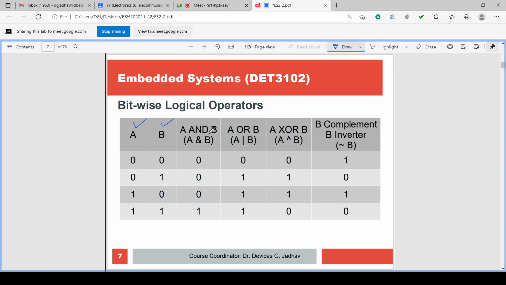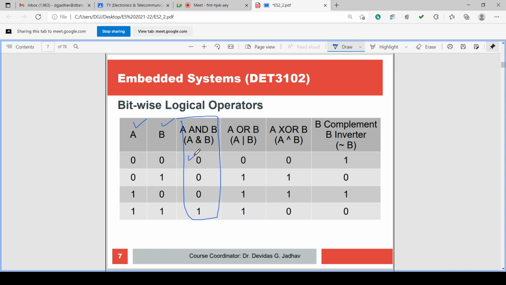If you consider this column A and B, then 0 AND 0 will be 0, 0 AND 1 will be 0, 1 AND 0 is 0, and 1 AND 1 is 1.